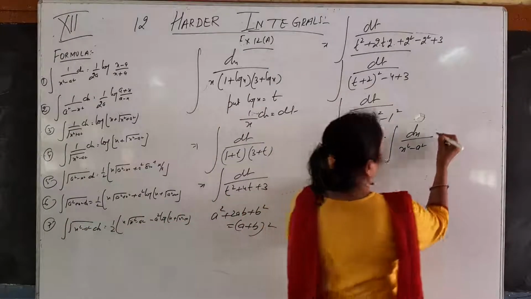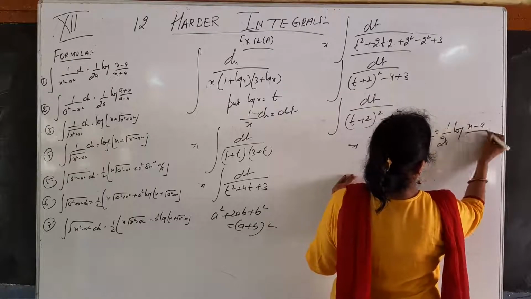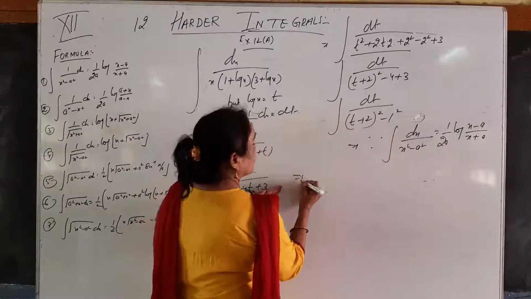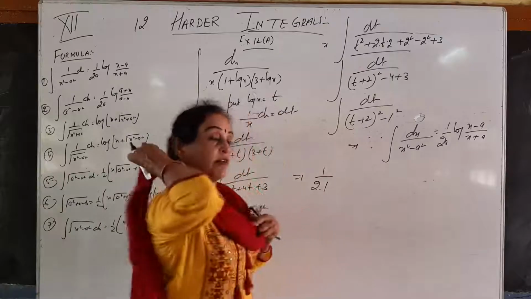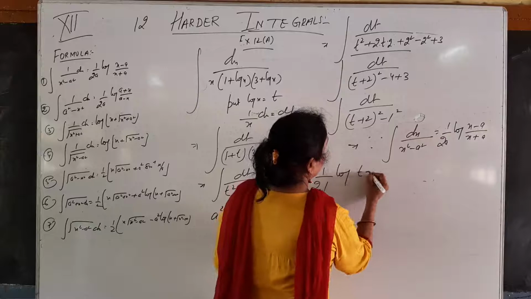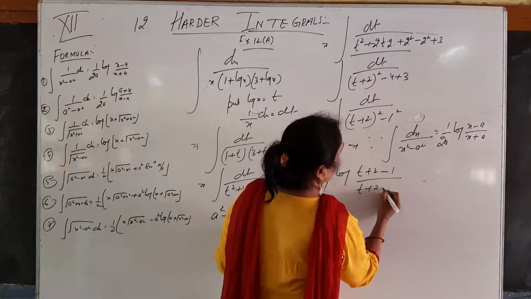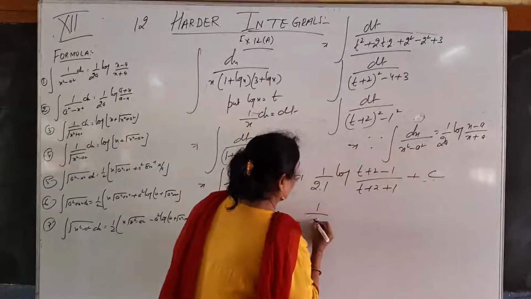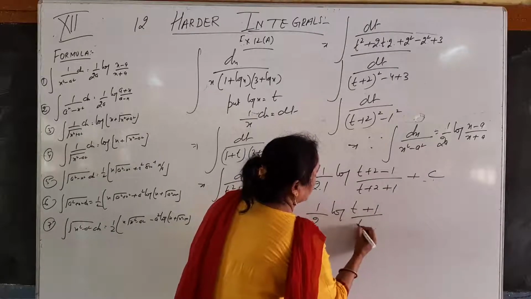So it is equal to 1 upon 2a log (x minus a) upon (x plus a). Now use here, so it will be 1 upon 2a. What is a here? a is 1 and x is our t plus 2. So log (t plus 2 minus 1) upon (t plus 2 plus 1) plus constant c, or 1 upon 2 log (t plus 1) upon (t plus 3).